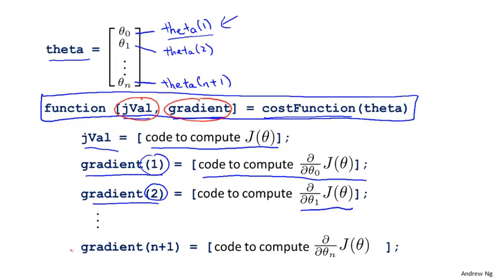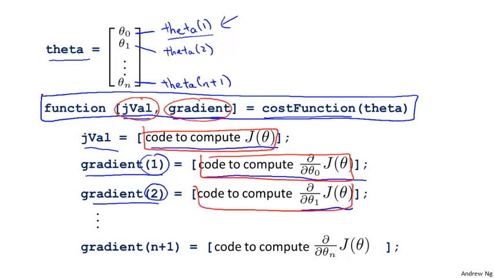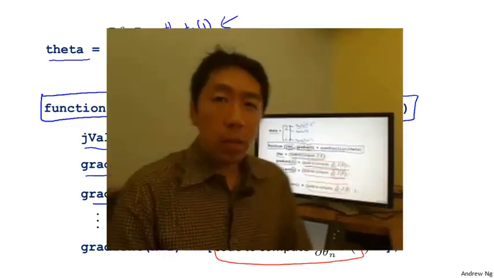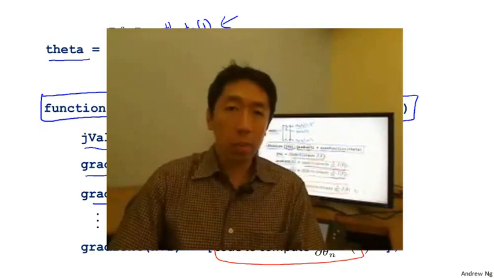In order to apply this to logistic regression, or even to linear regression, if you want to use these optimization algorithms for linear regression, what you need to do is plug in the appropriate code to compute these things over here. So now you know how to use these advanced optimization algorithms.